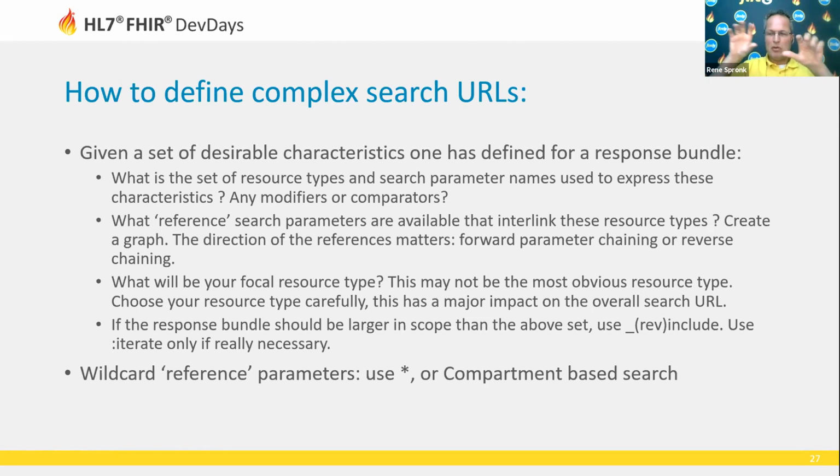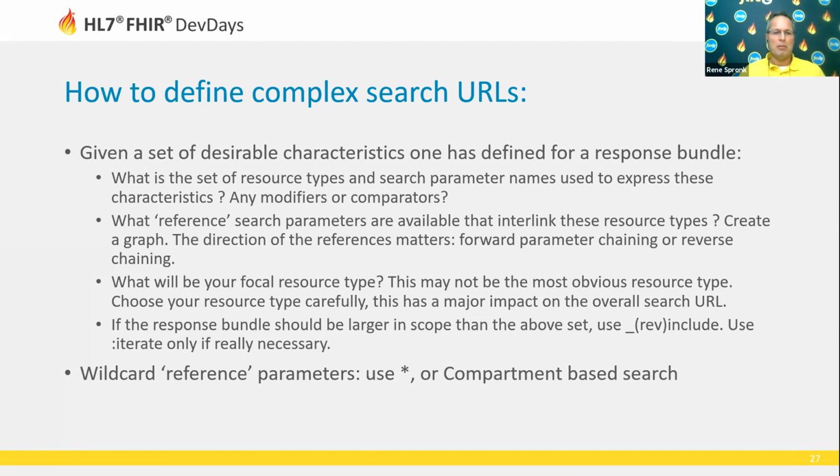By creating this graph, it may be that this one has a lot of inbound and outbound references, and I'm actually not using a search parameter on patient. Well, if I'm not using a search parameter on patient, I may as well include it and use some other resource type as the focus. So sometimes you have to start somewhere that may not be entirely intuitive.